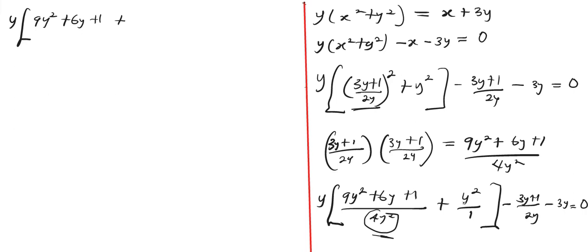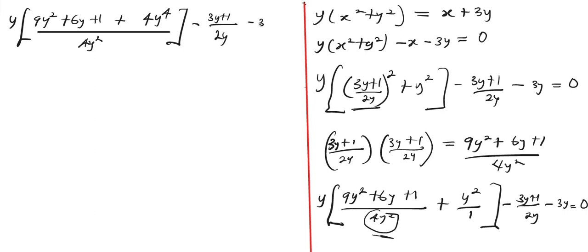We are going to have 4y power 4, all divided by 4y squared, okay, minus (3y plus 1) divided by 2y minus 3y equals 0, okay.